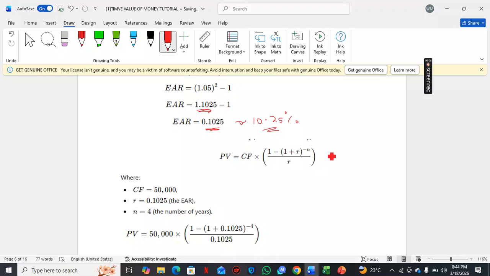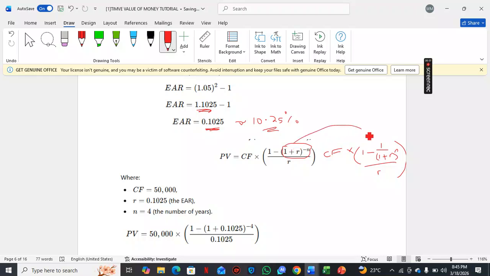In your notes, it's CF multiplied by 1 minus 1 over 1 plus R to the power N, over R. These formulae are the same.